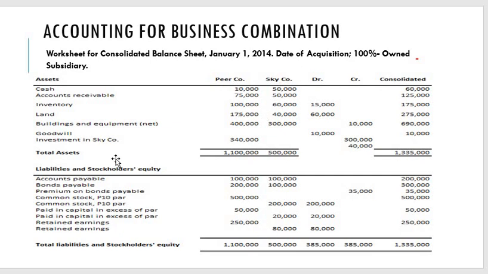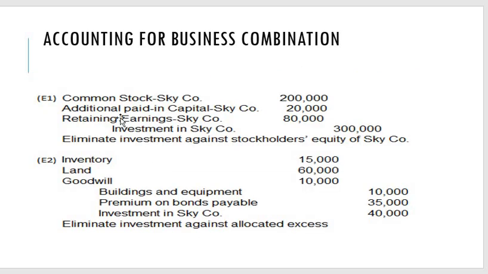So our first eliminating entry is to eliminate the investment against the stockholders' equity accounts of Sky Company. What you do is debit the equity accounts of the subsidiary, which is Sky. Debit common stock, debit additional paid-in capital amounting to 20,000, debit retained earnings amounting to 80,000, and credit investment in Sky Company for 300,000.